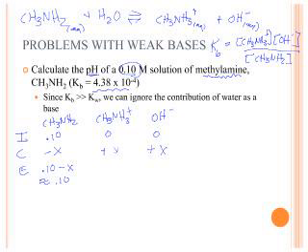And if X turns out to be larger than 5%, then we'll go back and solve it. But I think we'll be okay. And so we can solve for X using our Kb expression. So 4.38 times 10 to the minus 4 is equal to X squared over 0.10. So we just need to solve for X.